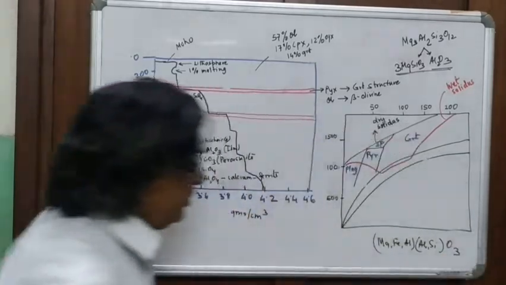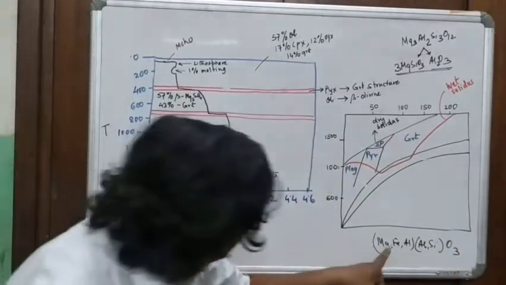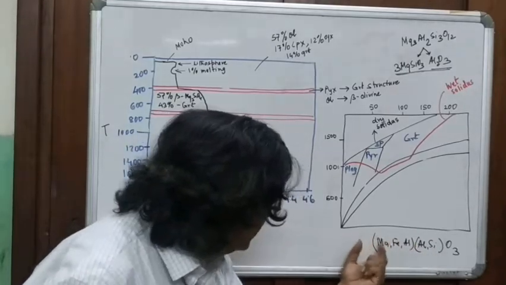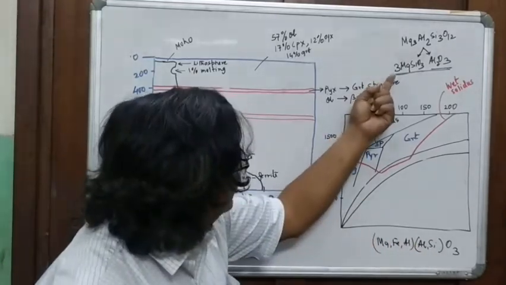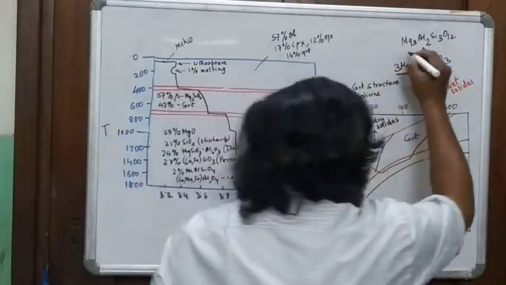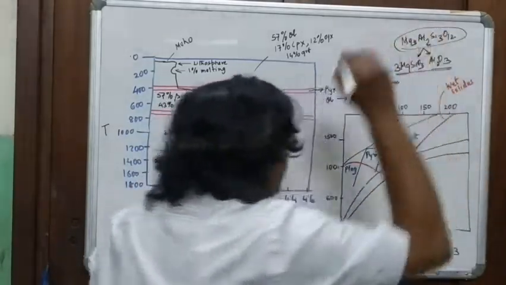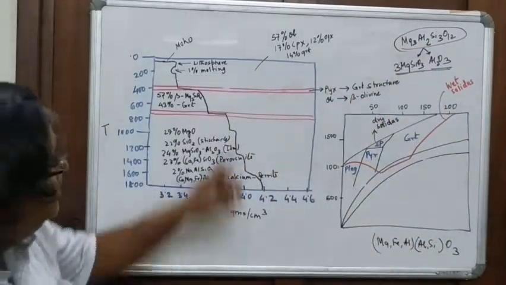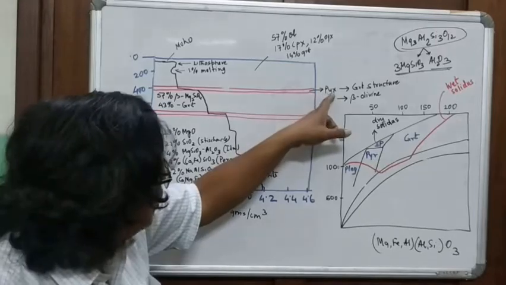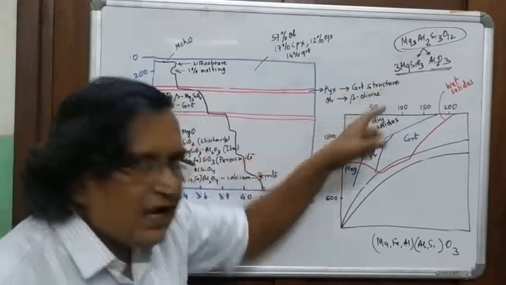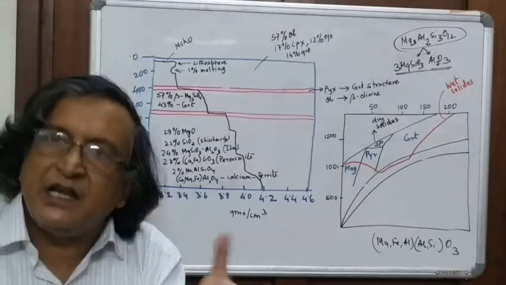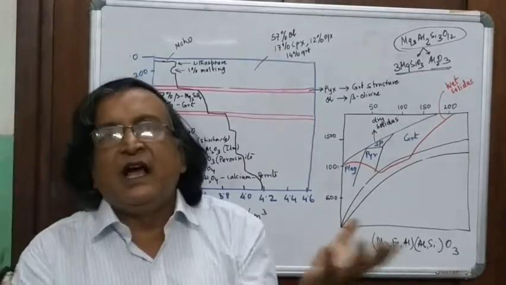So you can have a pyroxene like MgFeAlAlSiO3, and this you can split into MgFeSiO3 and Al2O3, and this develops a garnet structure. Have you understood? This transition essentially means that a pyroxene develops a garnet-like structure. It doesn't become garnet; it behaves similarly to garnet.